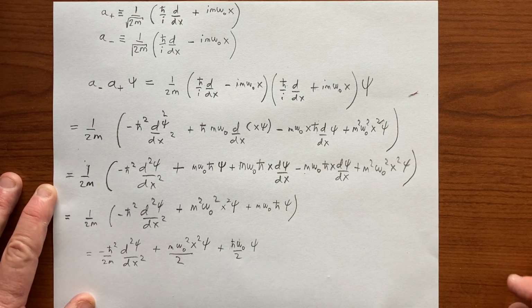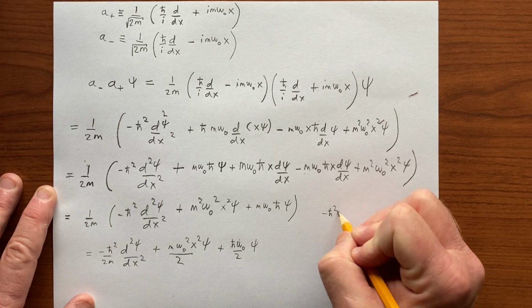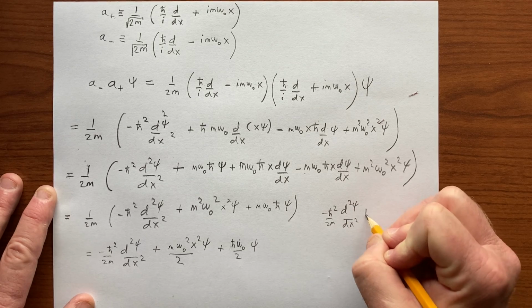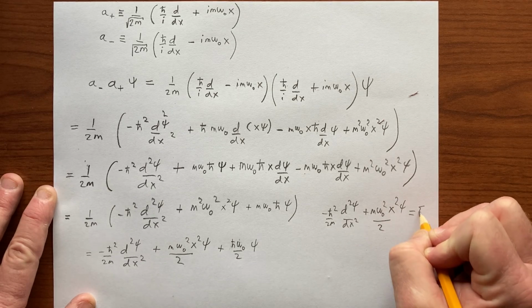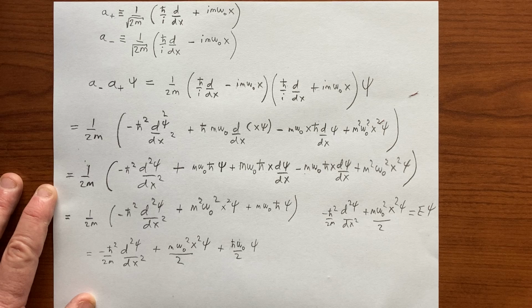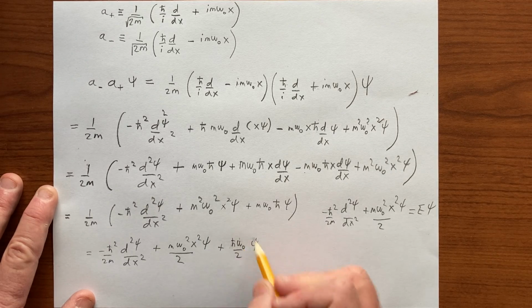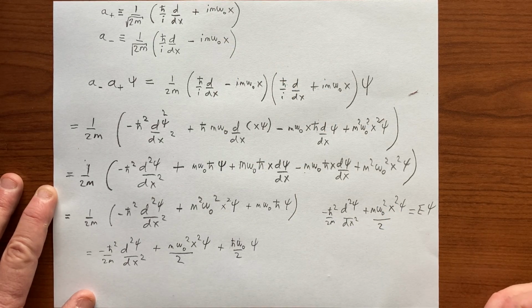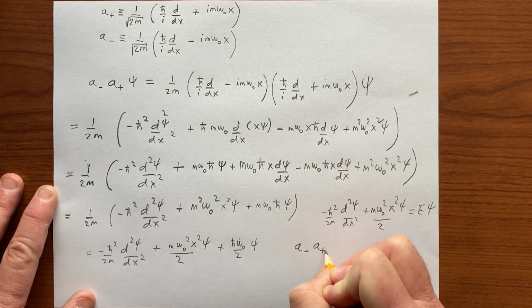And so the Schrodinger equation, of course, is minus h bar squared over 2m, two derivatives of psi in x, plus m omega naught squared x squared psi over 2 is equal to E psi, right? The time-independent Schrodinger equation looks like that. And so we have an extra term here that we want to get rid of. And so in terms of these operators that we defined here, here's one way of writing the Schrodinger equation: A minus A plus.